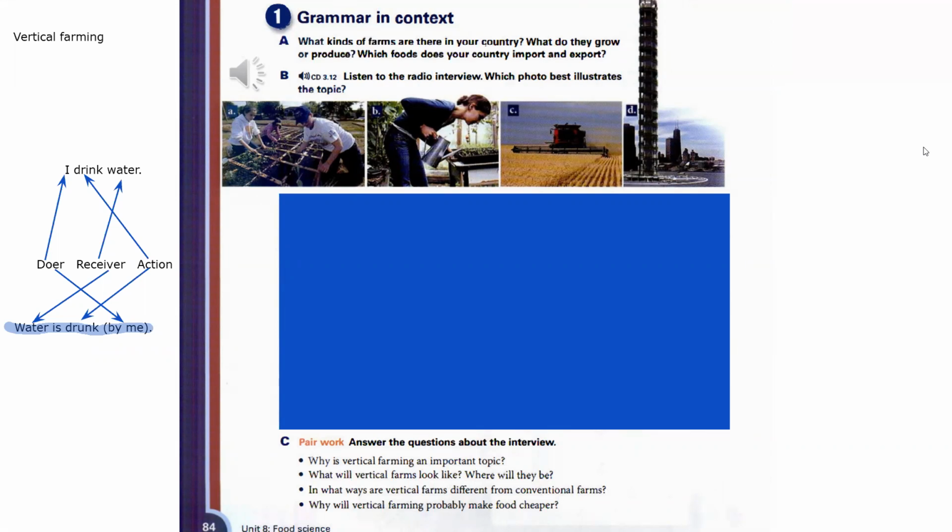In what ways are vertical farms different from conventional farms? Well, in my opinion, I think conventional farms use more water, and vertical farms use less water.